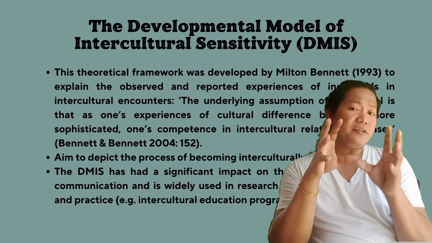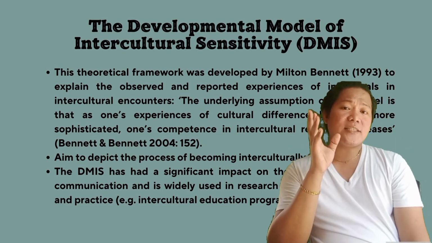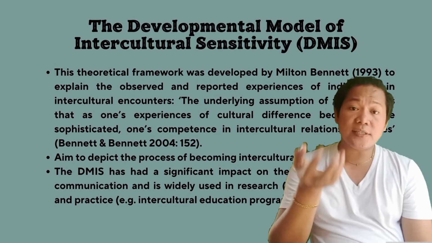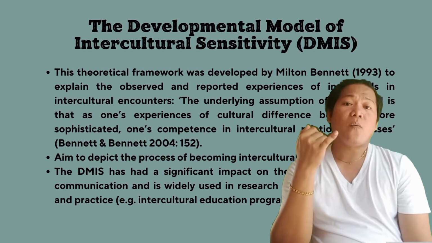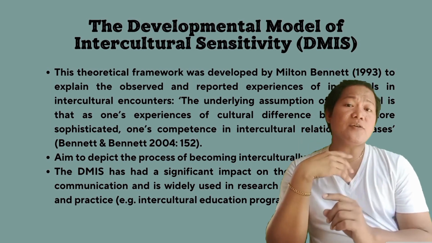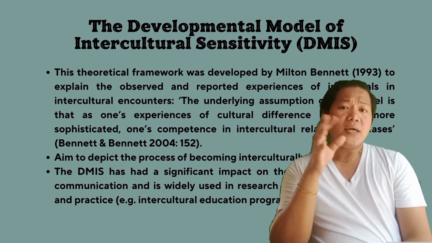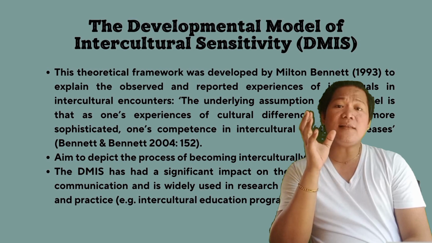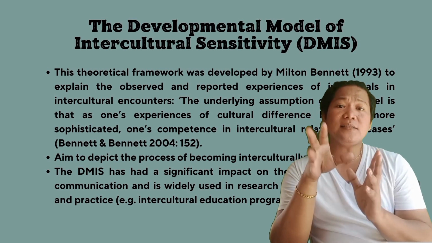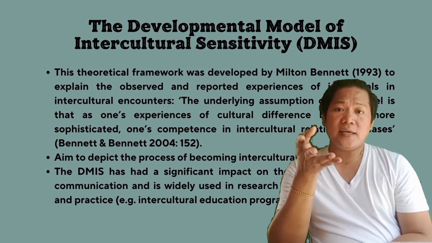So the underlying assumption of the model is that as one's experiences of cultural differences become more sophisticated, one's competence in intercultural relations increases. So the DMIS centers on the constructs of ethnocentrism and ethnorelativism, by Bennett, 2009.